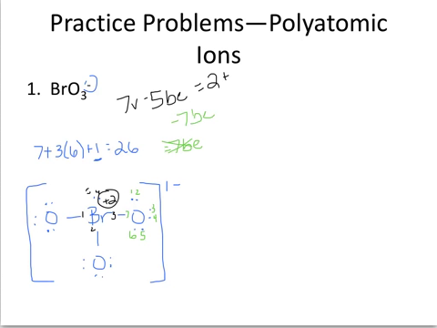Well, oxygen only has 6 valence. So I'm looking at 6 minus 7. So the formal charge of all those oxygens are negative 1.